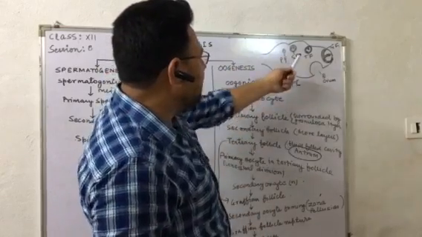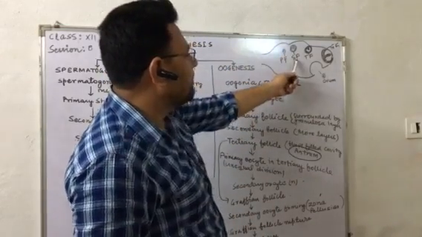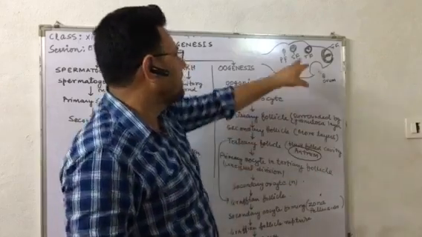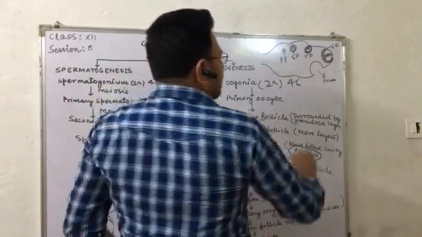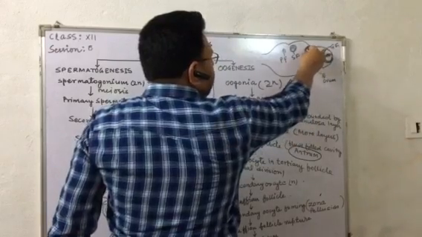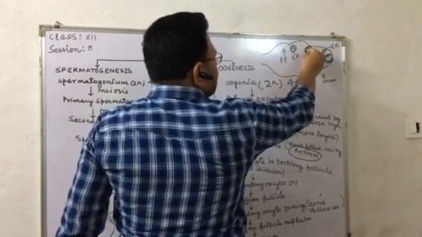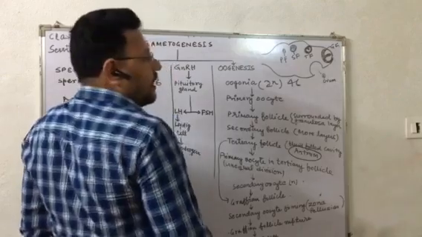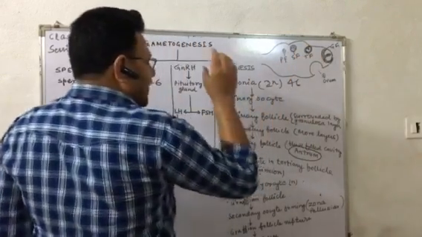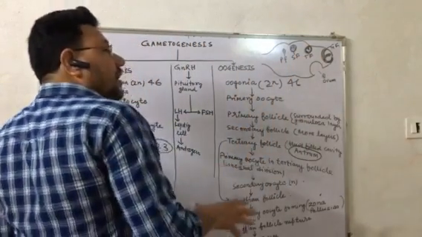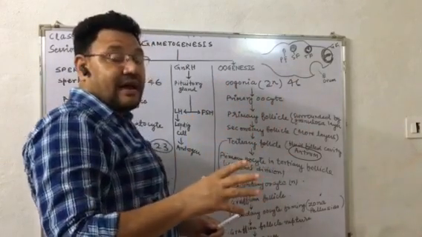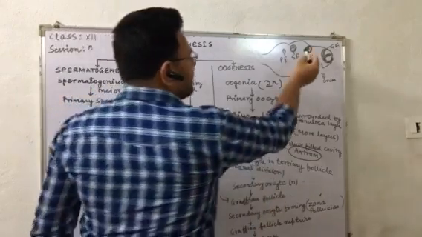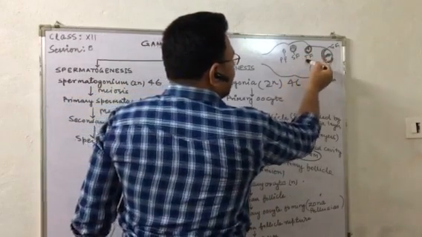When it is getting surrounded by more layers, then it became a secondary follicle. Therefore, I have written SF. Now you can see a clear fluid filled cavity is there, and this tertiary follicle is characterized by this fluid filled cavity known as antrum, the same can be seen here. I have written here TF.